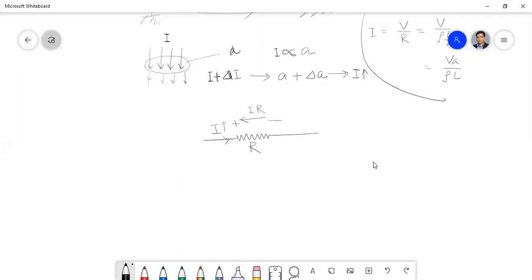Not only in fluorescent lamps, in HID lamps also, because in other parts of the subject you are studying different types of lights. So like the fluorescent lamp, these are all called discharge lamps: fluorescent lamp, CFL, compact fluorescent lamp, and the high intensity discharge lamp, HID lamps, which are used for large area lighting, like in roads and stadiums.